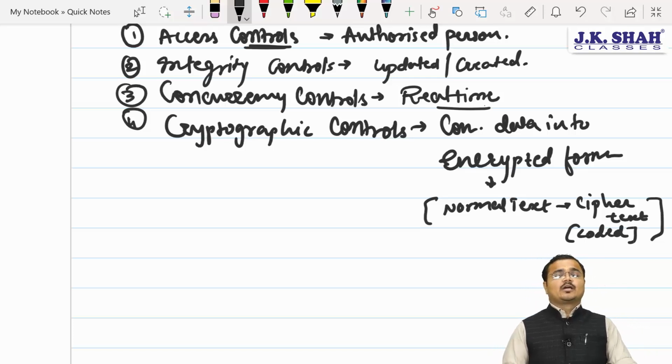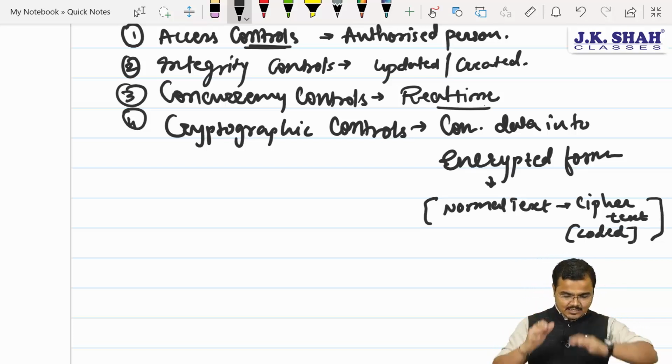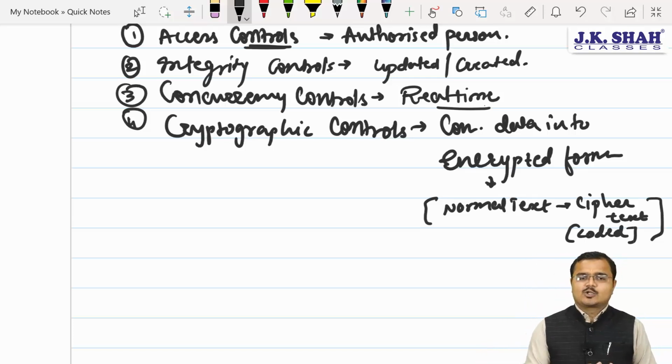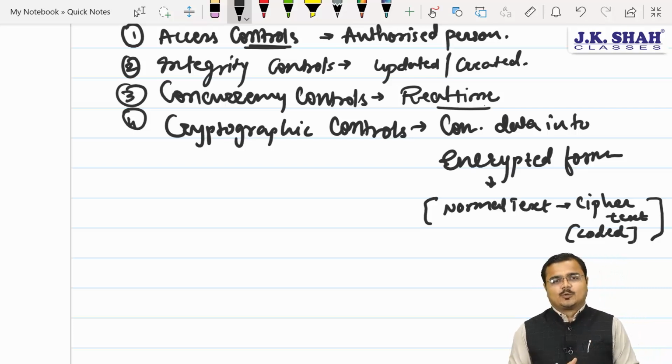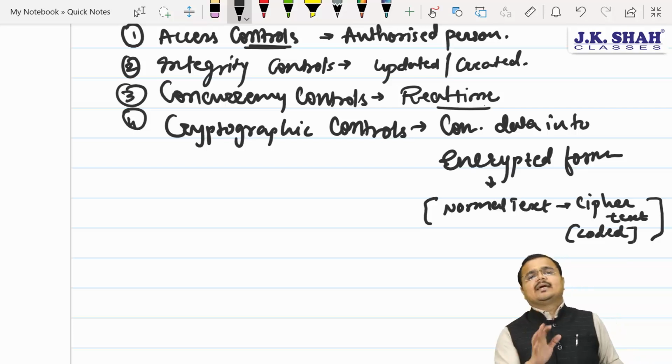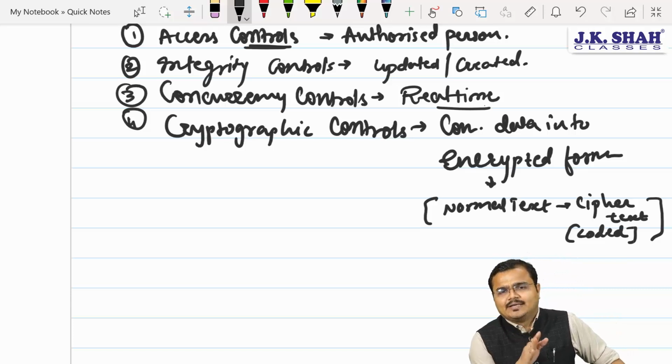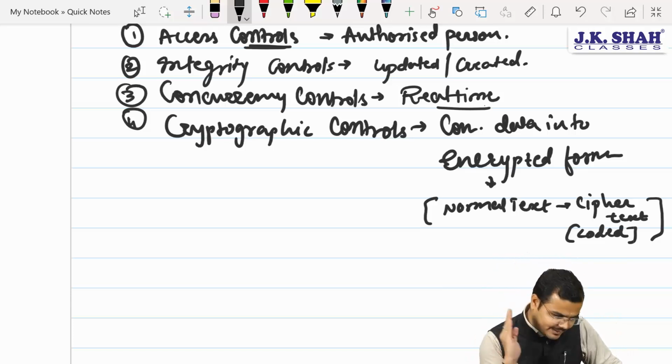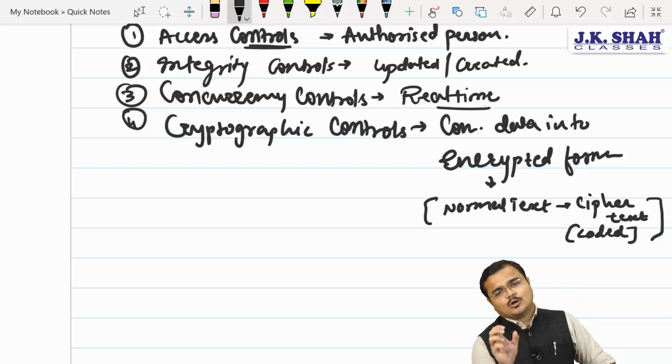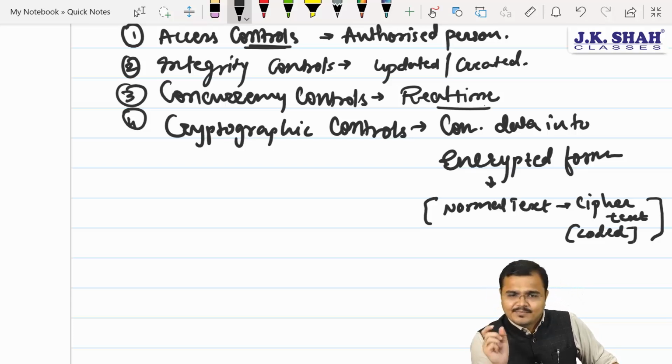Sir, cryptographic controls. So we require, first of all, access control to be defined very carefully. Only an authorized person should be allowed to access the database. Integrity control must be maintained whenever we want to update or create the data. We should make sure that integrity is not affected. Agree? Yes, sir.